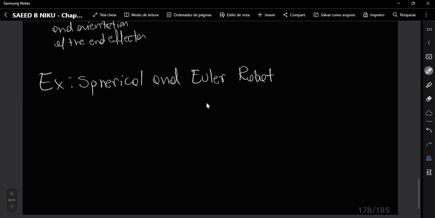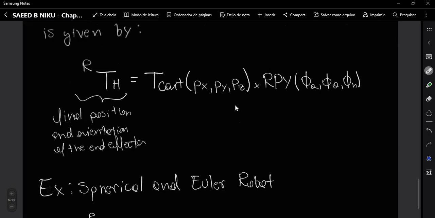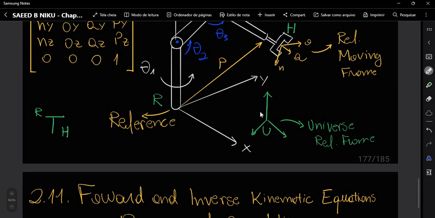So for its final position and orientation, which is being represented by this transformation, we are doing again a transformation of this H frame in relation to this R frame.